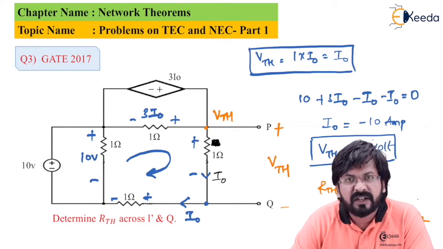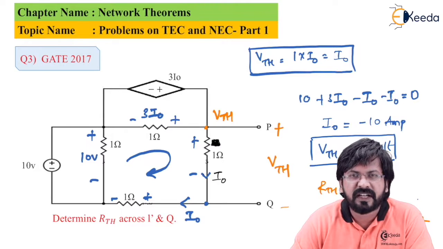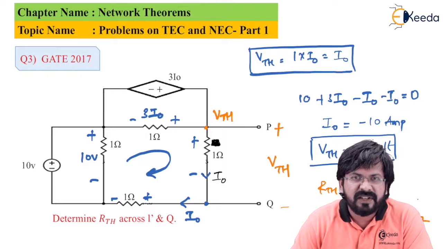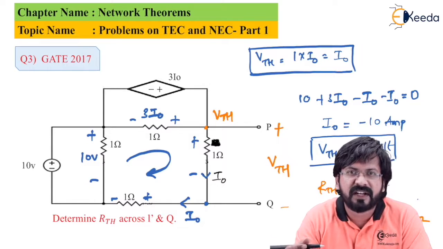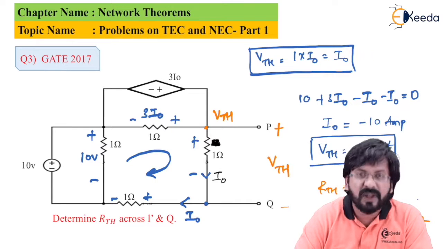You may wonder, how do we get an RTH value as negative? We know that resistances are never negative, they are always positive. But let me tell you, in Thevenin's theorem, the resistance that we find is not the physical resistance that you use practically. It is the resistance of the overall circuit.